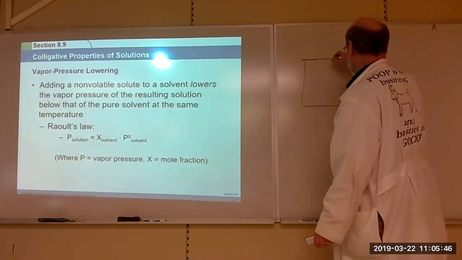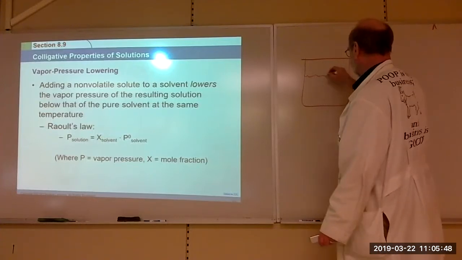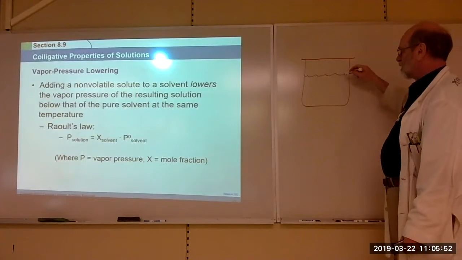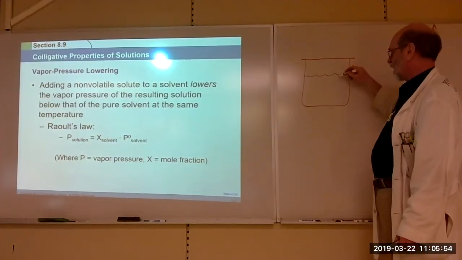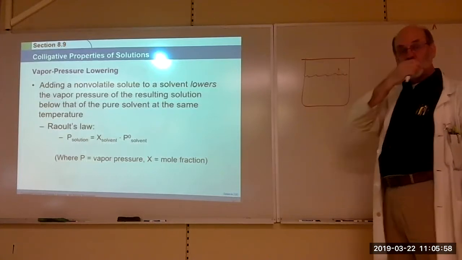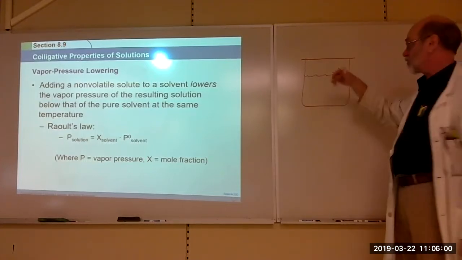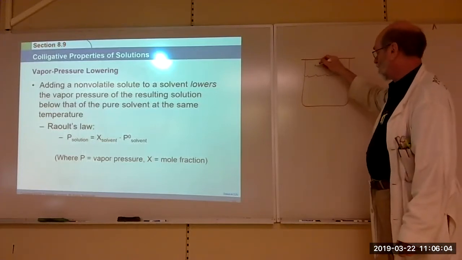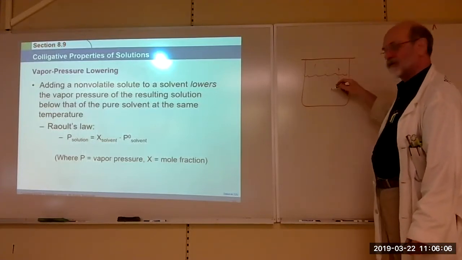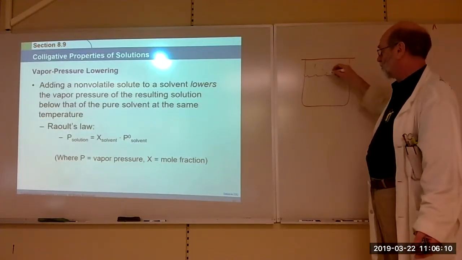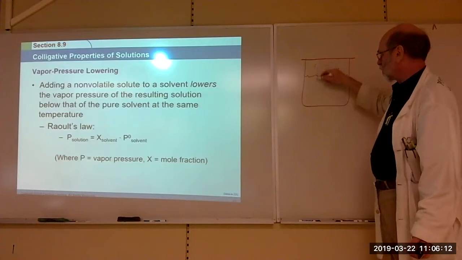if you have a lid on your liquid, then some of that liquid, when you first put it in there, is going to evaporate. It's going into that headspace and starts building pressure because you've got it capped. But as you get more and more of these, say, water molecules up here, then you get a reverse.